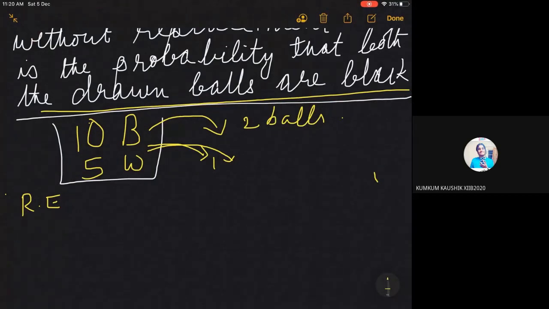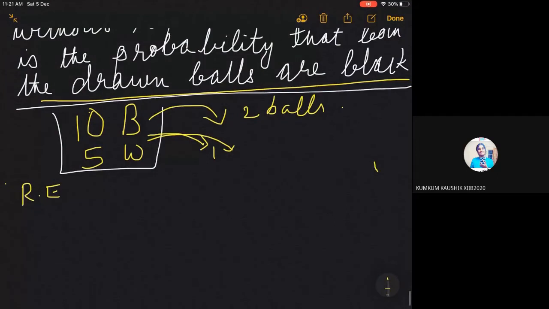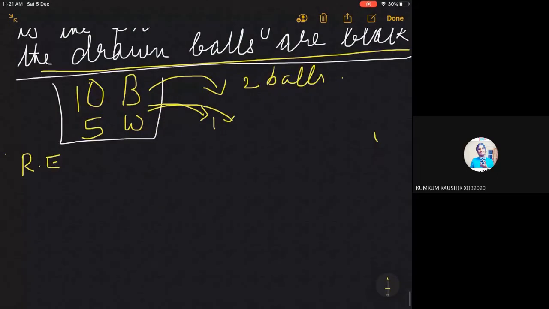Now, the event is that both the balls drawn are black. So we can consider this as: the first ball is black and the second ball is also black. I'm just giving some hint here.